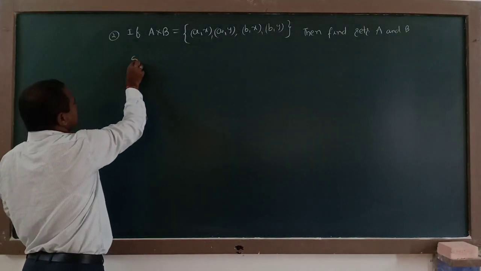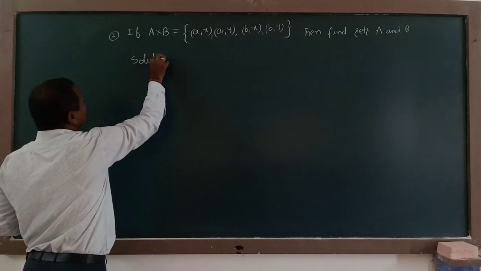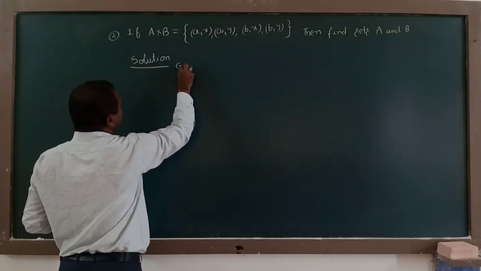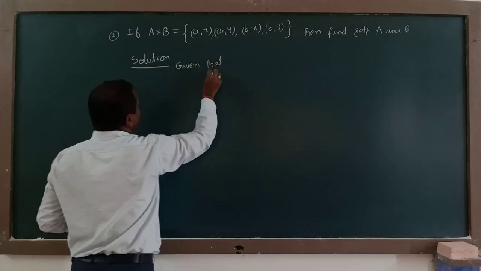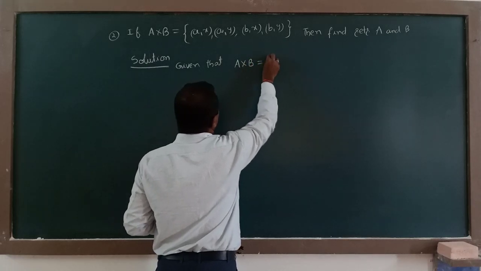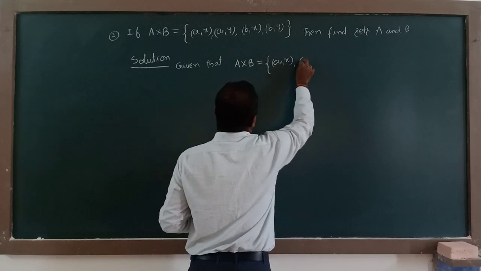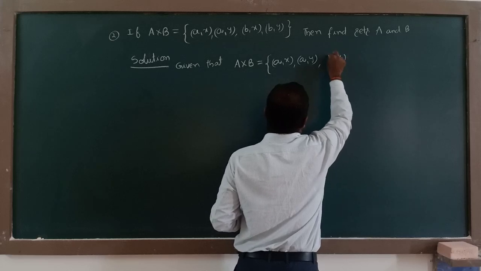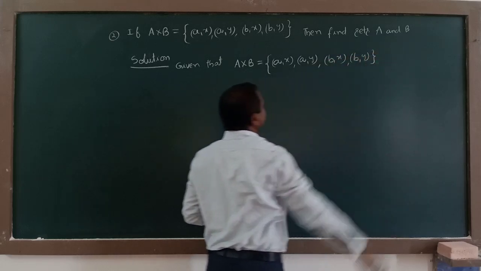Solution to this question is, given that A cross B is equal to the set of the elements (A, X), (A, Y), (B, X), (B, Y).